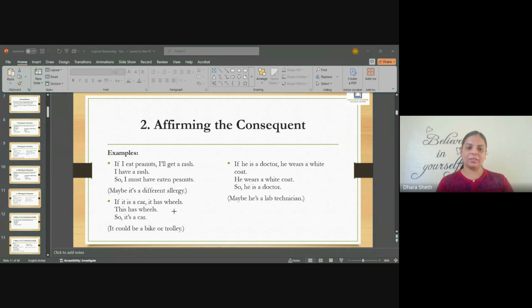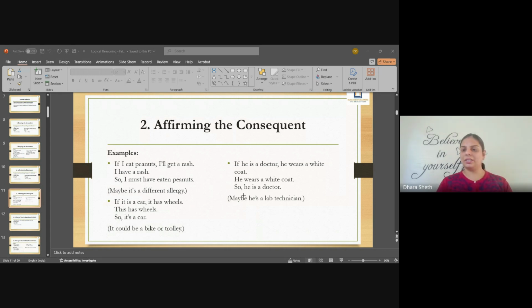Please be patient. Okay, if he is a doctor, he wears a white coat. He wears a white coat, so he is a doctor. Now, every person who wears a white coat is not necessarily a doctor. Scientists who work in research institutes also wear white coats. But if he is a doctor, then he definitely is wearing a white coat, according to the previous statement that if he is a doctor, he wears a white coat.